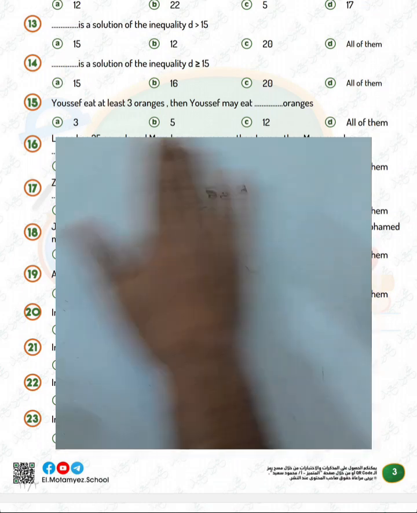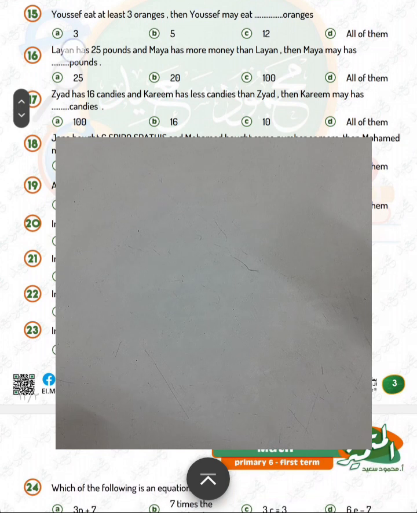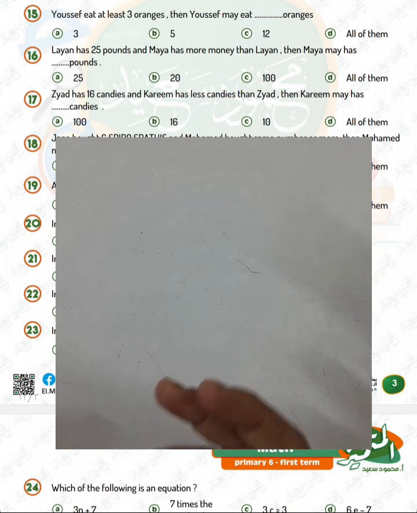Question 16. Lian has 25 pounds and Maya has more money than Lian. Then Maya has blank pounds. More than means greater than the number.